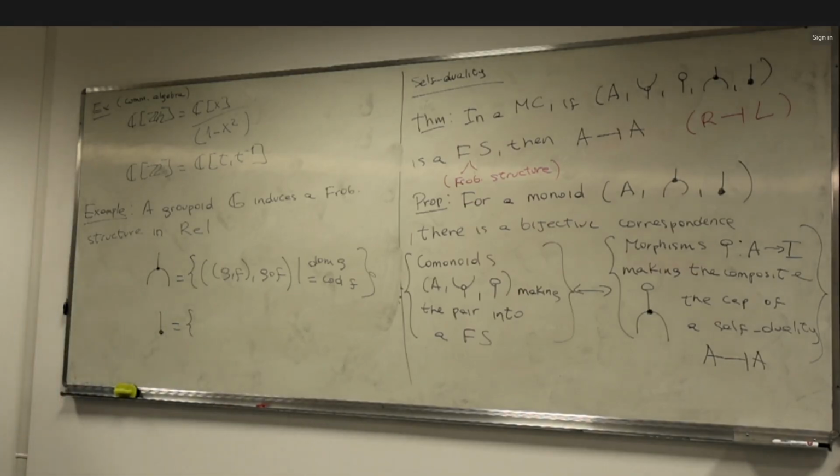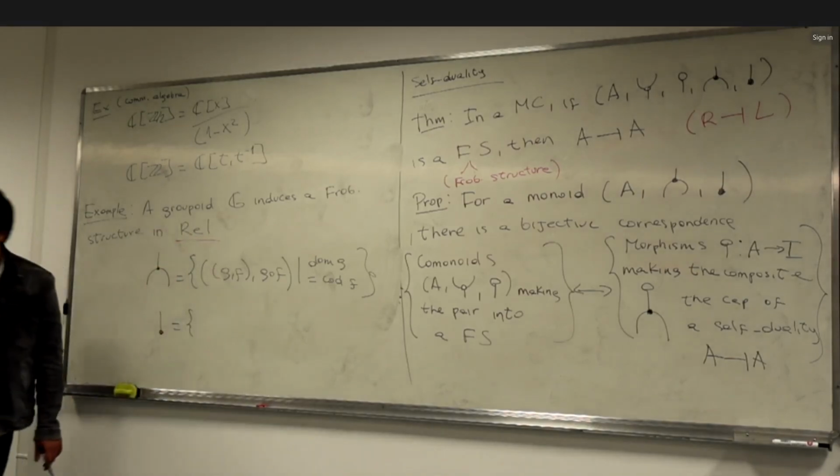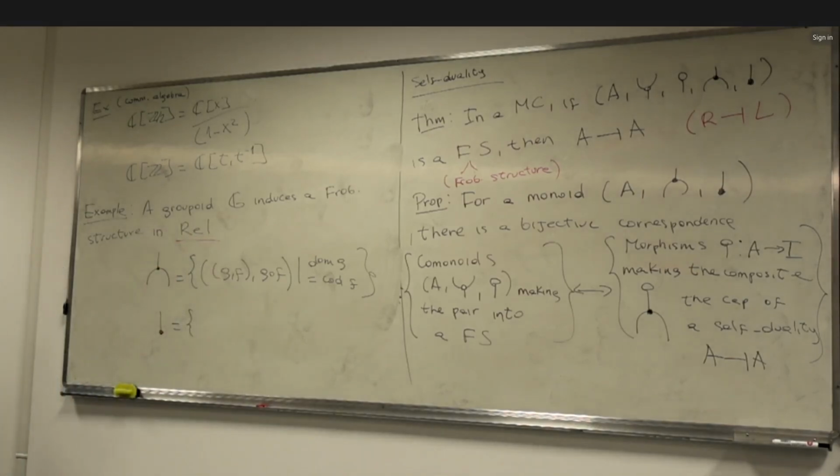What do you mean it uses a Frobenius? Actually, equivalent. Frobenius structure. Right. Yes, this is a result. Yes, but any Frobenius structure in Rel is a groupoid, essentially.